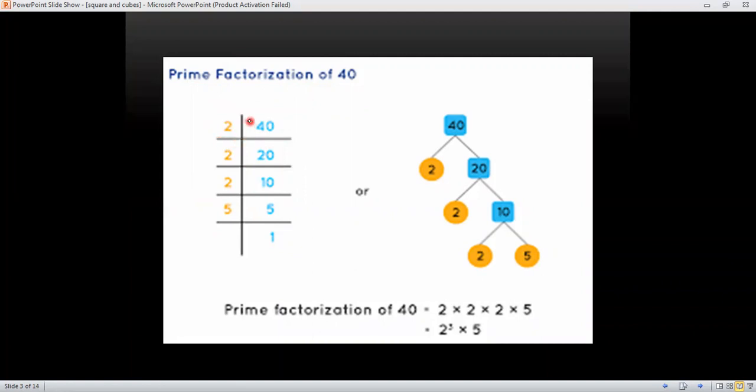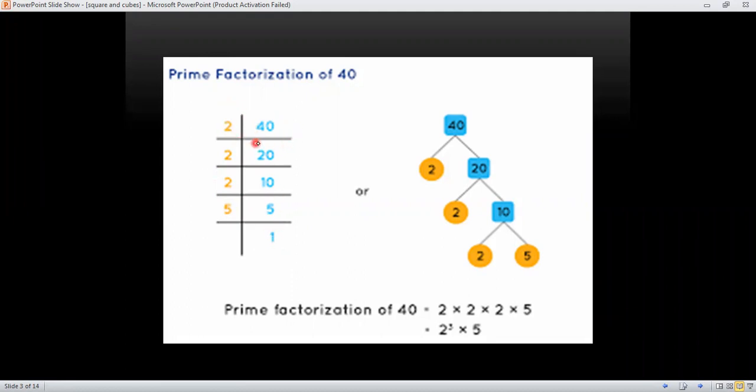We will take the smallest prime number first and divide the number by it. So by 2 we will divide it, we get 20. Here 2 and 20 are also factors of this number. Again, we will divide 20 by 2, we get 10. Again, we will take 2, we get 5. By 5, we will divide 5, we get 1 at the last.